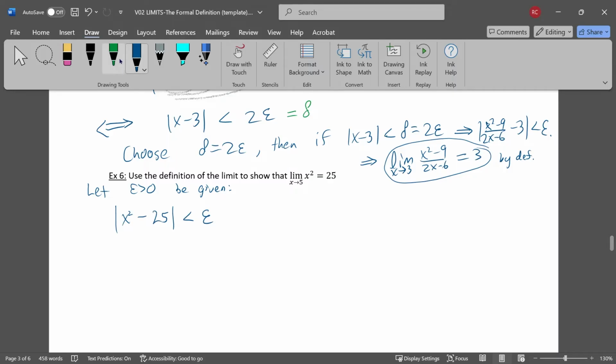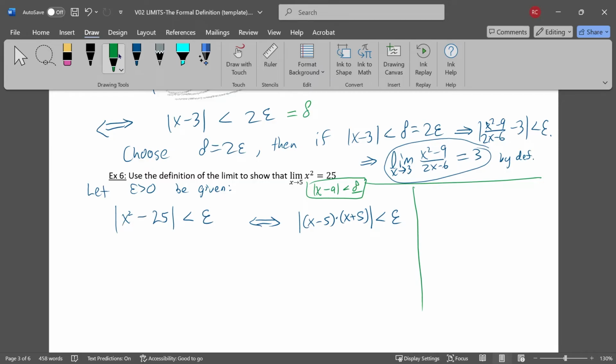Because remember, the goal is to reach this expression: the absolute value of x minus a is less than delta, so I can figure out what delta would need to be. How do I reach that goal? Well, I start by factoring this x squared minus 25, which factors to x minus 5 times x plus 5. And that's going to be less than epsilon for sure.